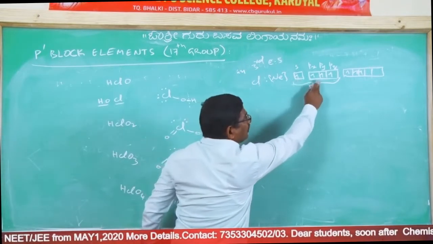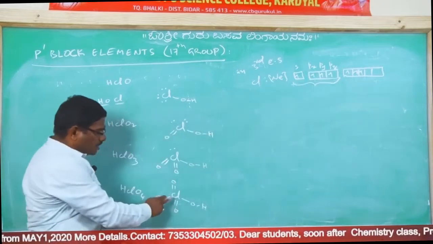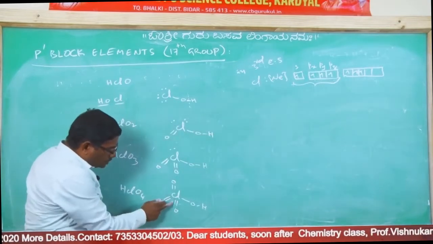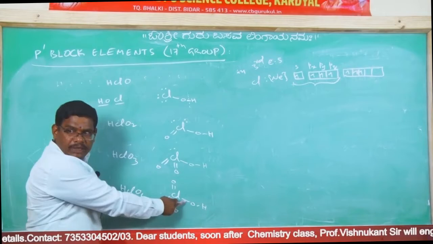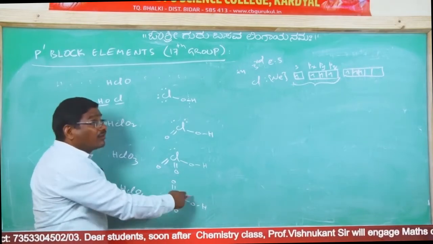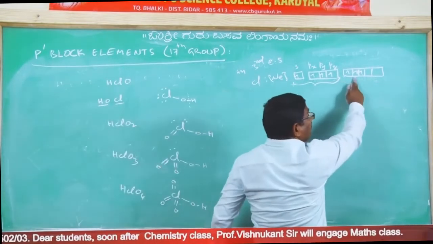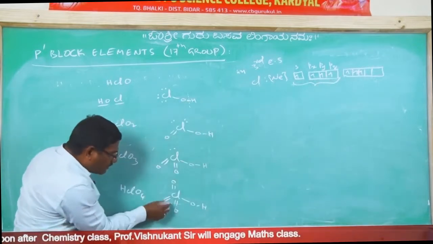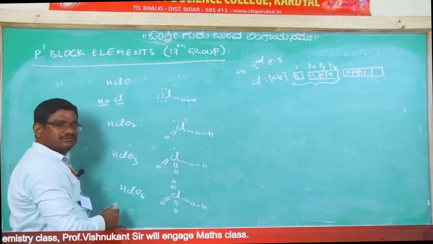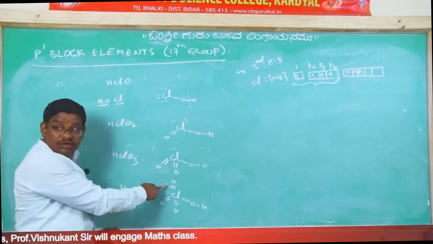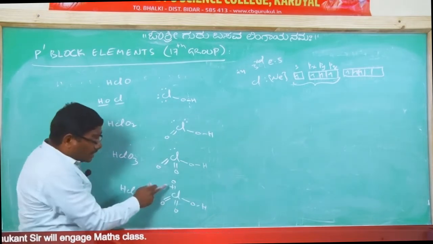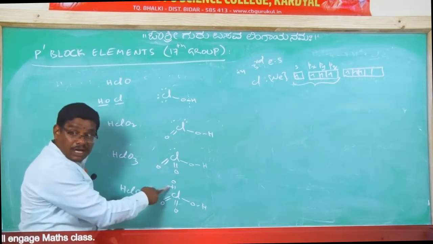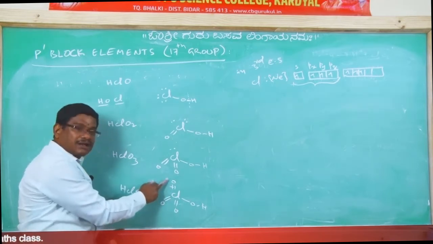Now sp3 gives a total of 4 unpaired electrons. Chlorine 1, 2, 3, 4 unpaired electrons for linear overlapping, along with dxy, dyz, dzx. Clear? Now the d orbital is involved in lateral overlapping.